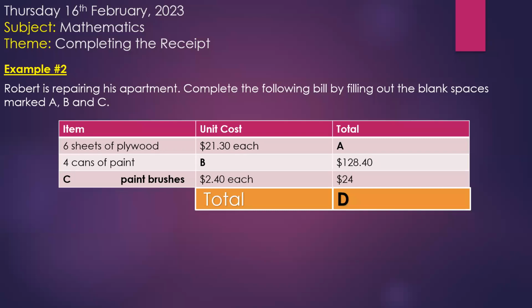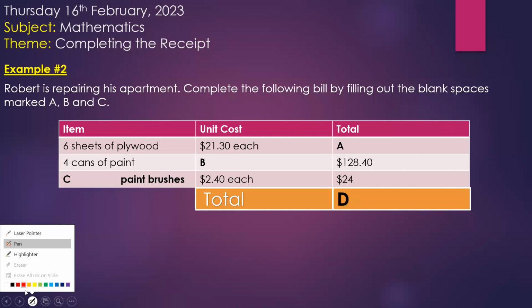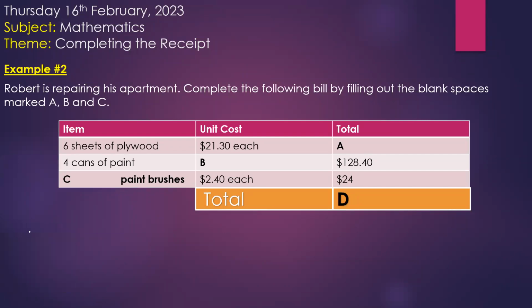So 6 times 21.30, for A, we're going to have 21.30. We're going to multiply it by 6.